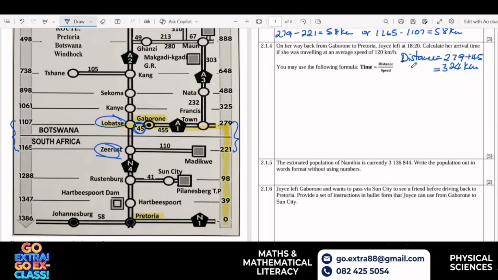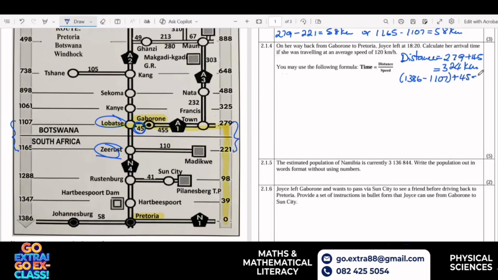There is another method of calculating the distance. The other method that you can also use to calculate the very same distance is to find the difference of these two points: 386, the distance from here to this point, and the difference of those two is 117, and then plus 45.